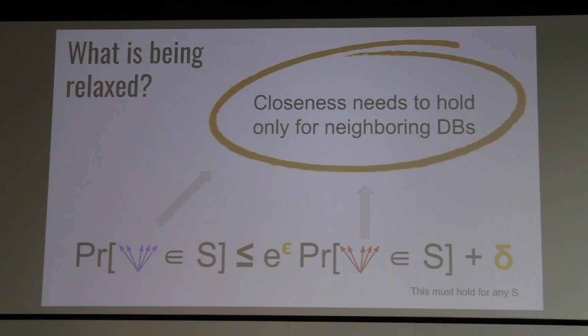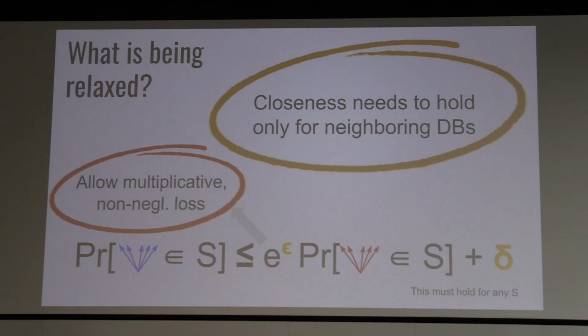So first, with differential obliviousness, we only require closeness for neighboring databases. And if these two databases are further apart, then we allow their access pattern distributions to be further apart as well. This is not the case in classical full obliviousness. In full obliviousness, we want closeness for any two input databases.